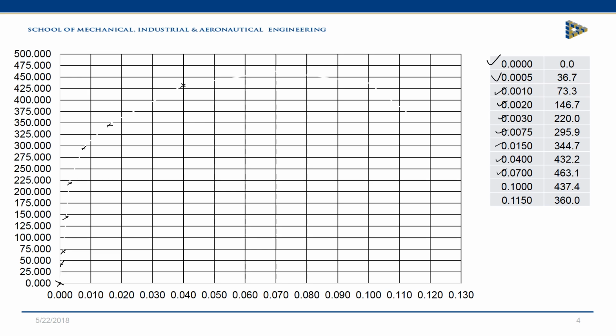Then 0.07 and 463, 0.1 and 437, and then 0.15, which is about here, and 360.